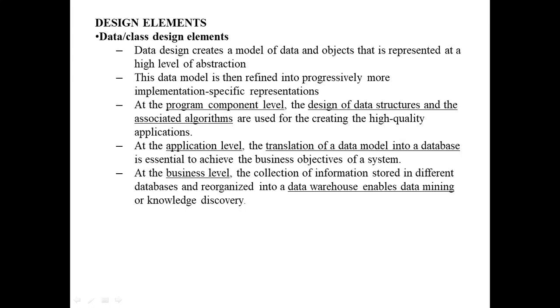At the application level, the translation of a data model into a database is essential to achieve the business objectives of the system. At the business level, the collection of information stored in the different databases is reorganized into a data warehouse, which enables data mining or knowledge discovery.